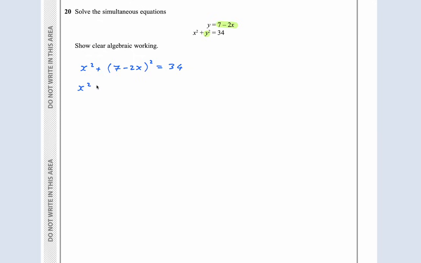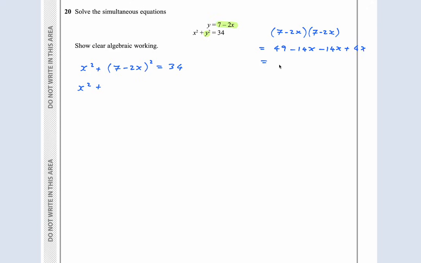This gives me x squared plus this thing, guys, if you want to do it at the side, 7 minus 2x times 7 minus 2x is equal to 7 times 7 is 49, 7 times minus 2x is minus 14x, minus 2x times 7 is minus 14x, and minus 2x times minus 2x is plus, be careful, 4x squared.